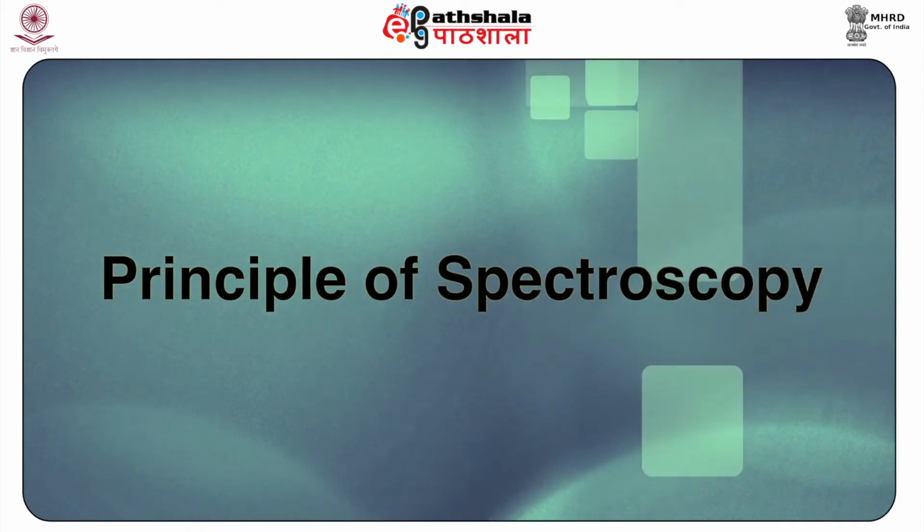If we look at the principle of spectroscopy, although there are a number of spectroscopic techniques, each based on a different basic principle, a typical spectrophotometer consists of a light source that provides light of a known wavelength, a holder to position the sample, which may be solid, liquid or gaseous, and a system of lenses and photocells that compare light shining on the sample with the light passing through.